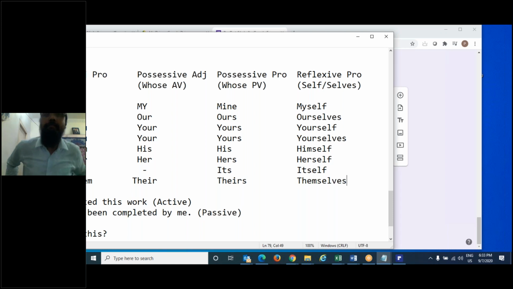So this is how we use these reflexive pronouns to talk about intensity. Or maybe, on the other side, in place of self or selves, we use the word own. Whenever I'm using own, again, we use a preposition before the pronoun: on my own or by my own.